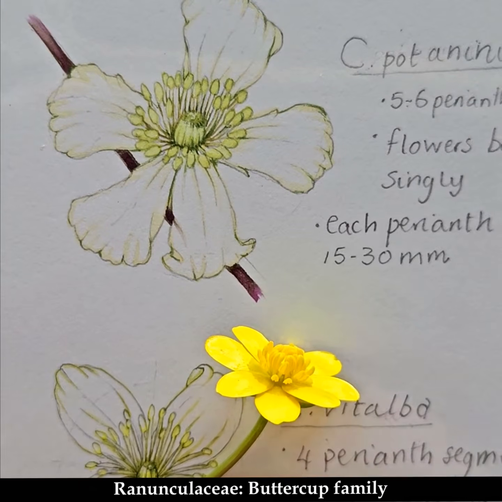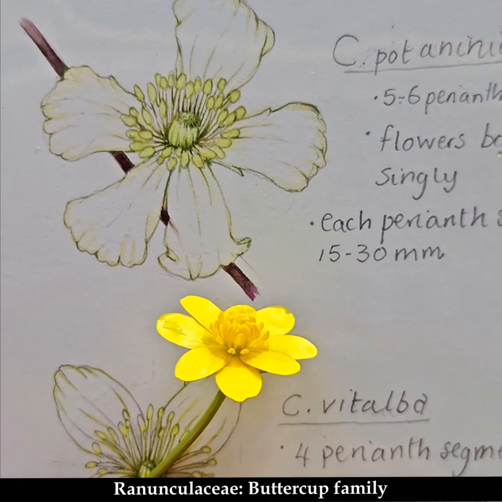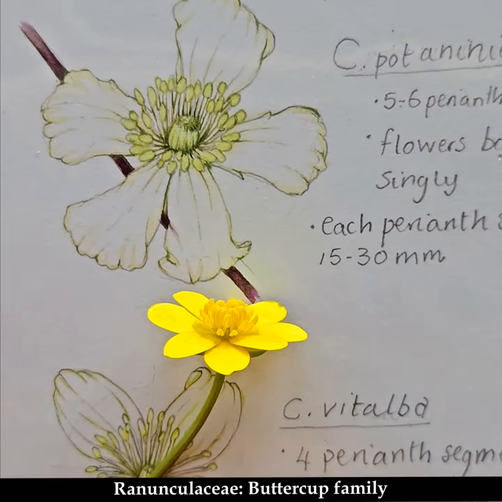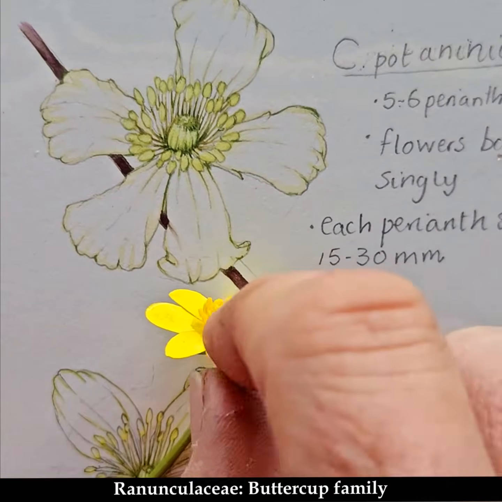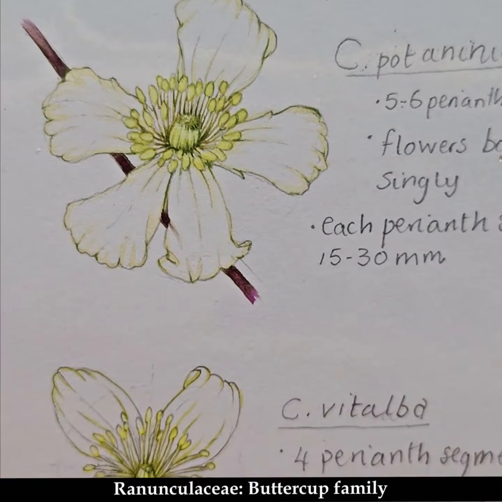So the first one we're going to talk about is the Ranunculaceae, which is the buttercup family. This flower we were looking at earlier, the lesser celandine, is in the Ranunculaceae, and so are clematis, and so are all the buttercups. They tend to have cup-shaped flowers. They often, not the lesser celandine mind you, have 5 petals.